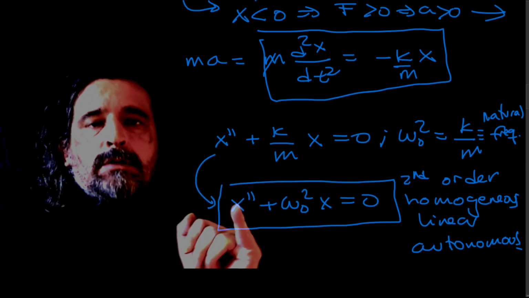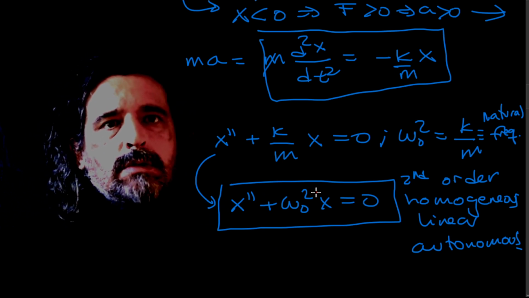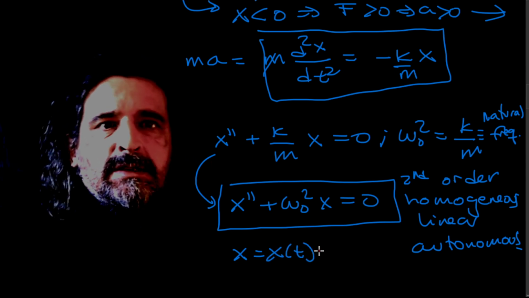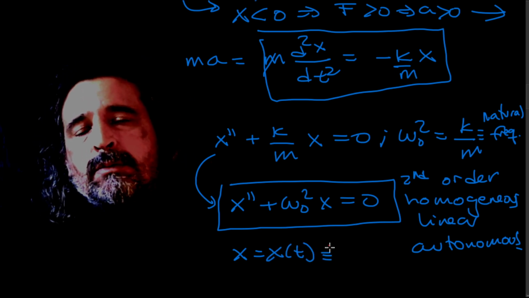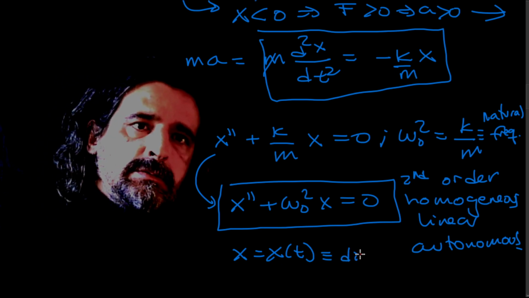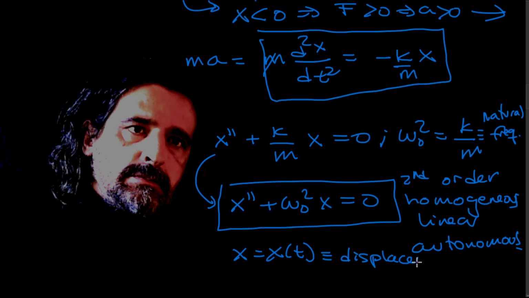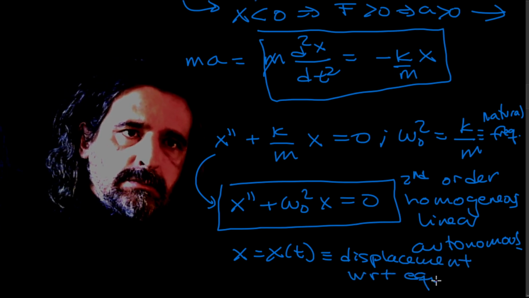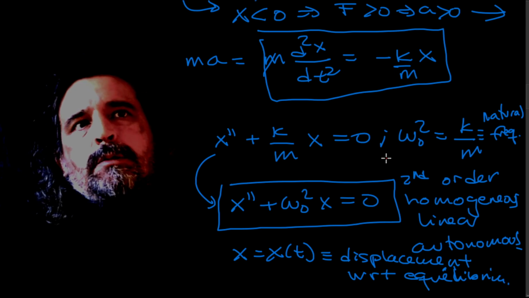It means that our solutions are going to be x equals x of t. That will represent the displacement with respect to the equilibrium position. In this case, it's trivial because equilibrium is at 0.